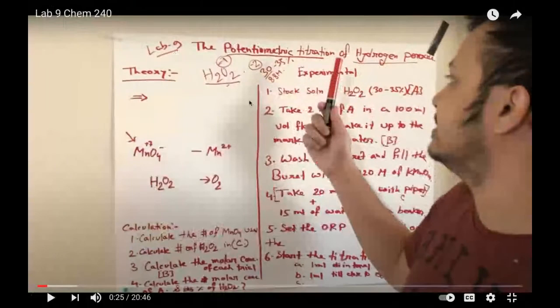If you purchase hydrogen peroxide, we normally need to keep it in the dark so that it doesn't react. Even if you keep it in the dark in the refrigerator, the concentration decreases slowly. So that's why it's a secondary standard substance. As you know, when the concentration of anything changes with time, this is called a secondary standard substance. So we need to know the exact concentration or percentage of the hydrogen peroxide. Clear?